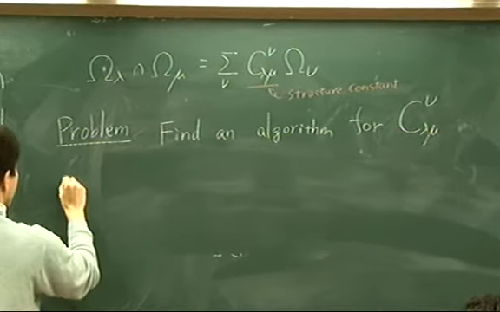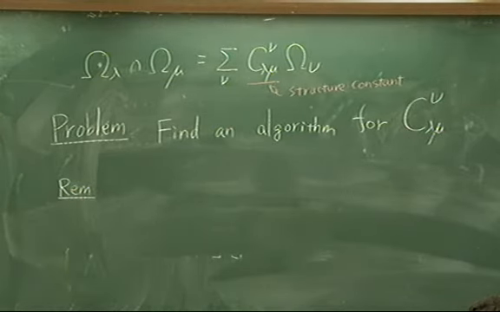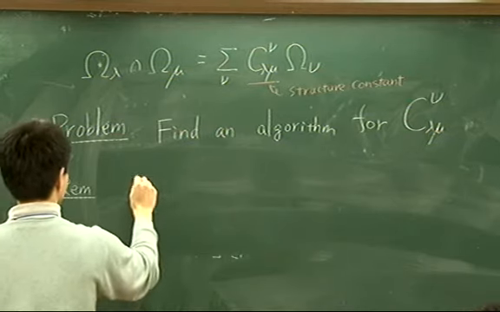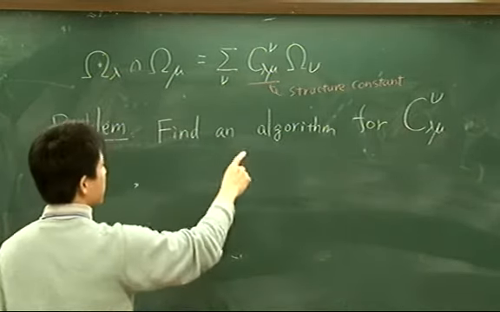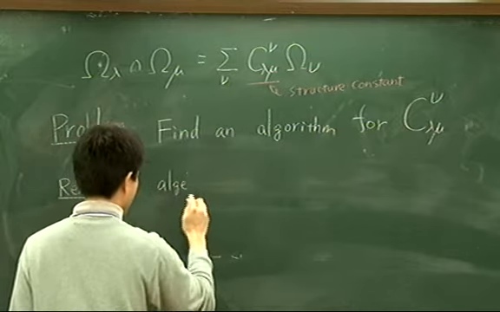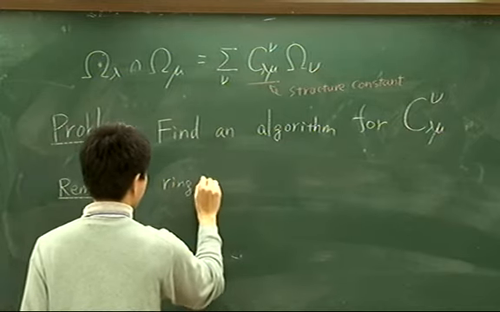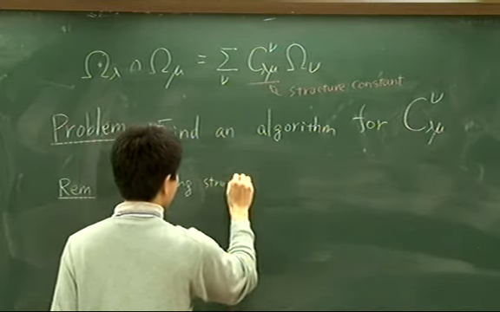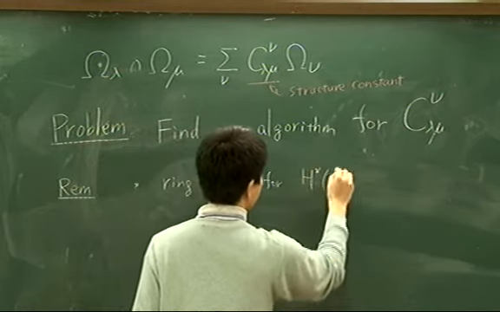And this structure constant has a lot of meaning in other areas. For example, the first one is obvious: the ring structure for the Grassmannian.